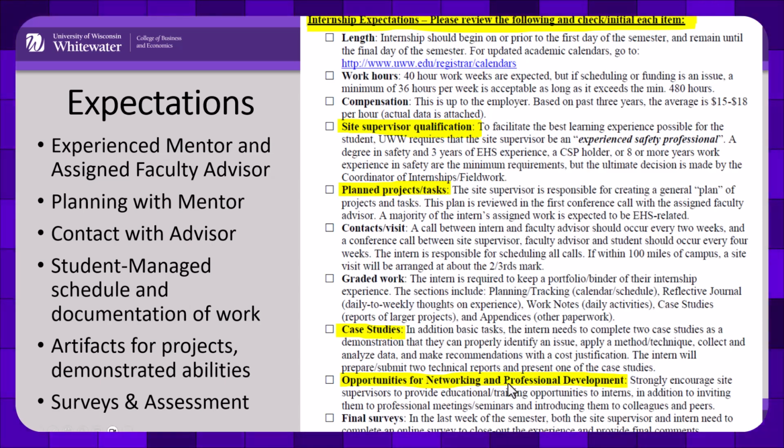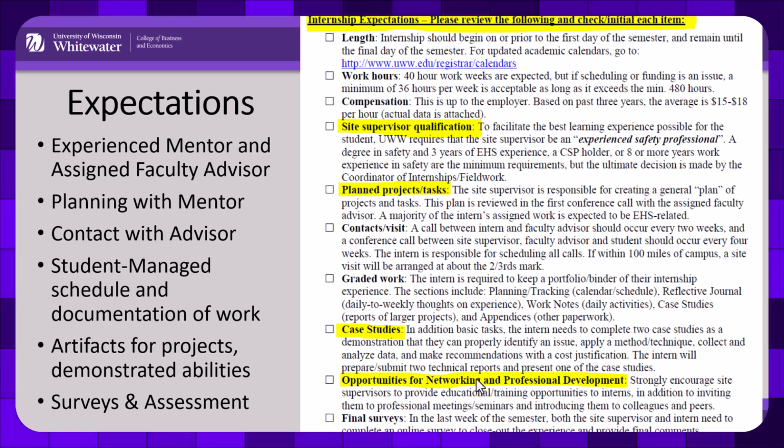And lo and behold, please don't forget about your own professional development and networking opportunities while you're in your capstone. You're out there working. Interact with your boss, interact with other people in the work environment. It's good to learn what the plant manager's or the site foreman's background is, how they approach their work, and how safety fits into it.